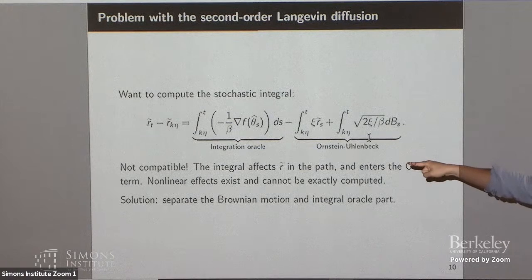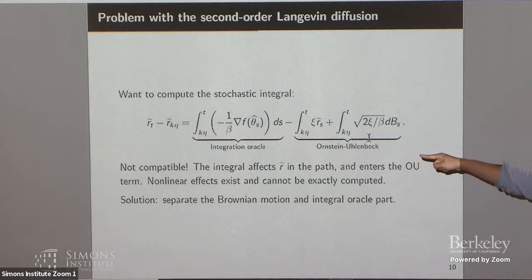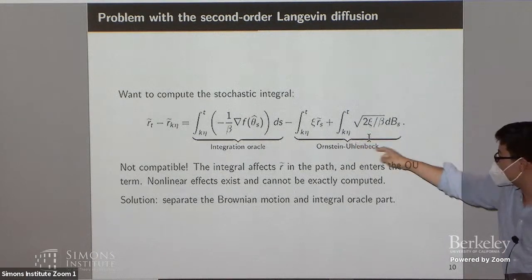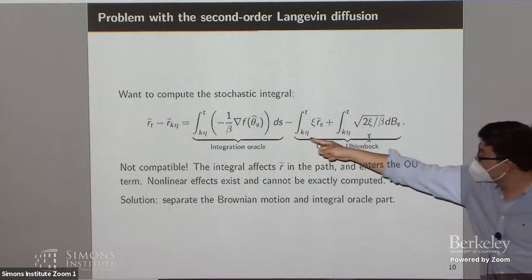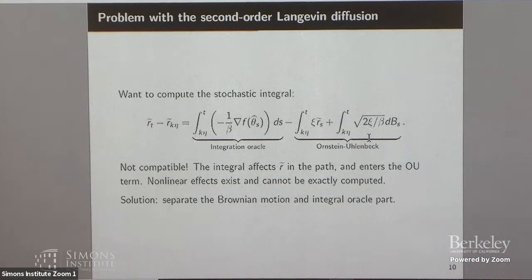The first term is the integration oracle, which is just the integration. But the second term involves the entire path. And in the middle, you still have this integration here. Using a single integration oracle, you cannot compute this. So although I can write down the formula, this is not something that we can really compute using the integration oracle.